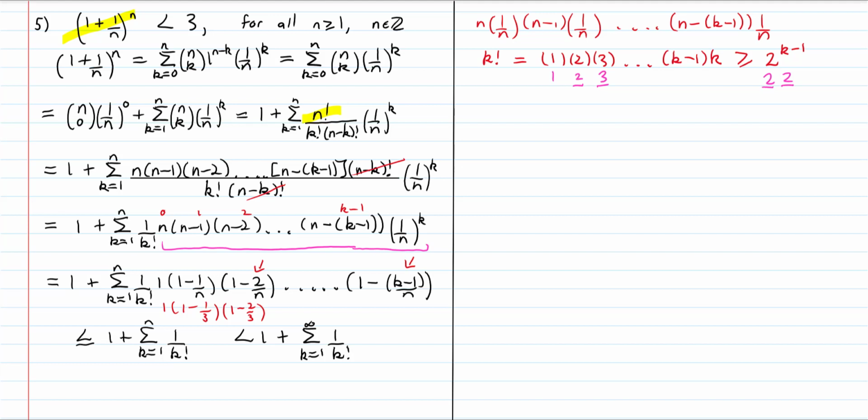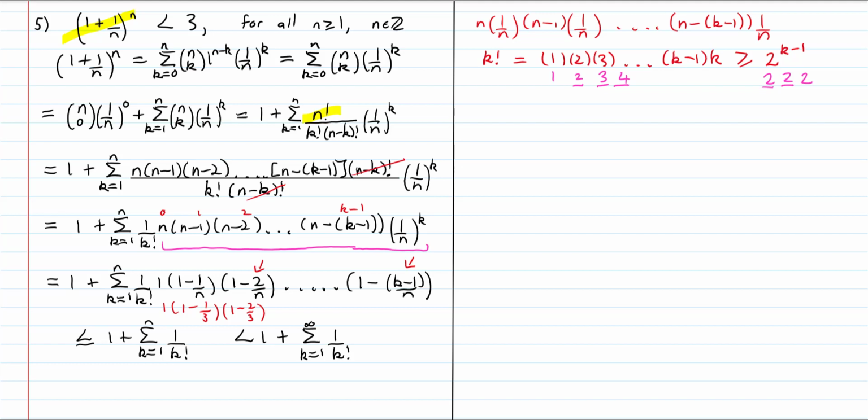And if k is equal to 4, well then we get 4 times 3 times 2 times 1 on the left hand side, and the right hand side is going to be 2 to the power of 4 minus 1, which is 2 to the power of 3, so that is 2 times 2 times 2. And we can see then our 4 times 3 times 2 times 1 is going to be greater than 2 times 2 times 2.